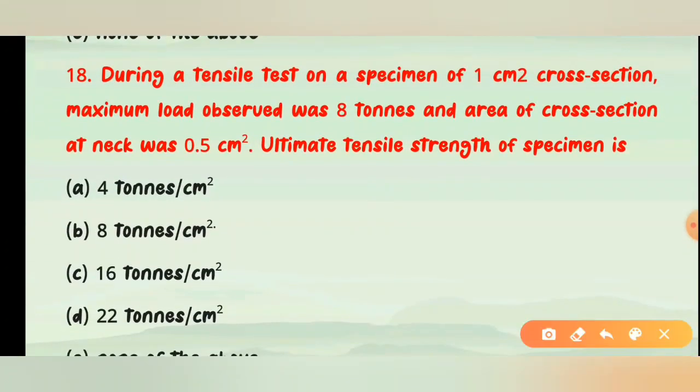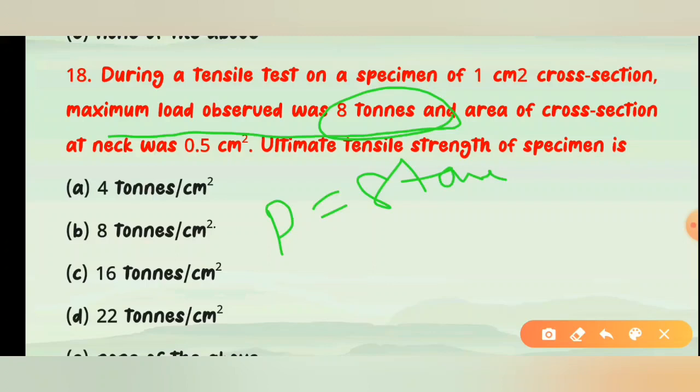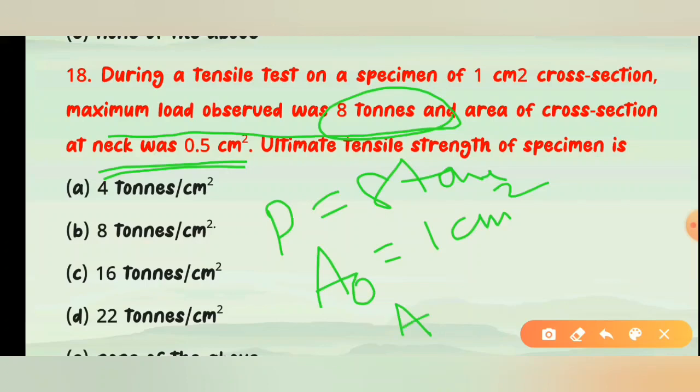Next, during a tensile test of a specimen of 1 cm square cross section, the maximum load observed was 8 ton. So, P equals 8 ton. And the cross section at the neck was 0.5 cm square. The original cross sectional area equals 1 cm square, and after acting of the maximum load, the neck area was 0.5 cm square.